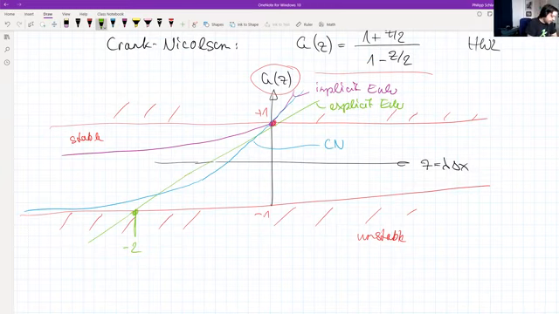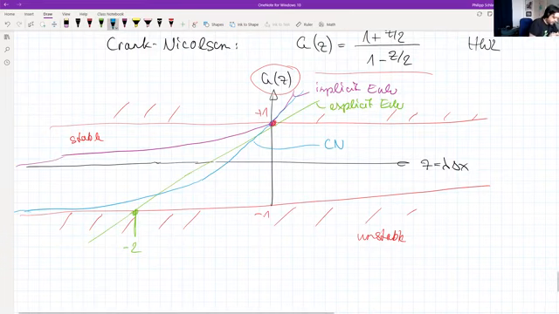The two other schemes, the purple one, which is the implicit Euler, and the blue one, which is the Crank-Nicolson, stay within the two red lines. But they are very different, because the purple one approaches 0, whereas the blue one approaches -1. And of course, that's a different asymptotic value.